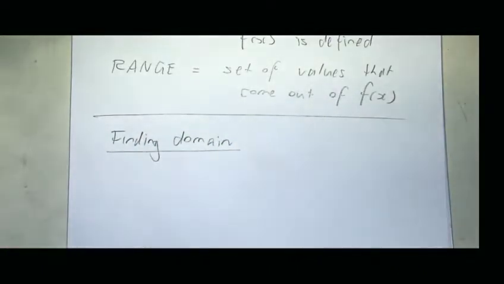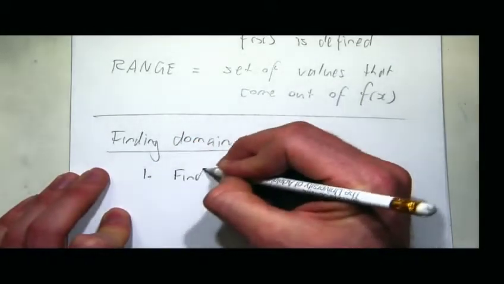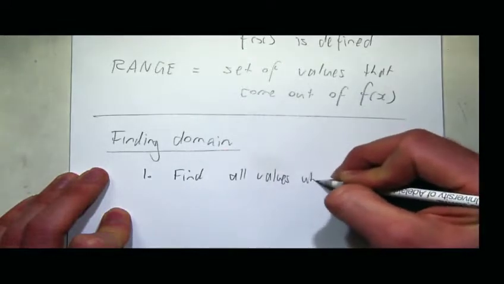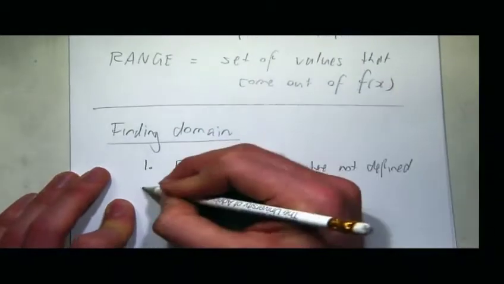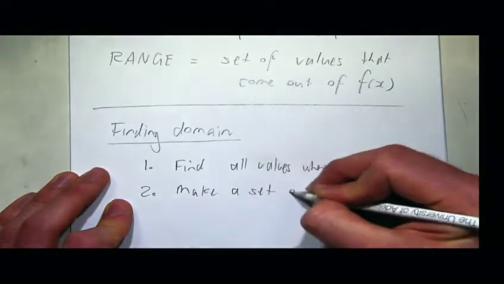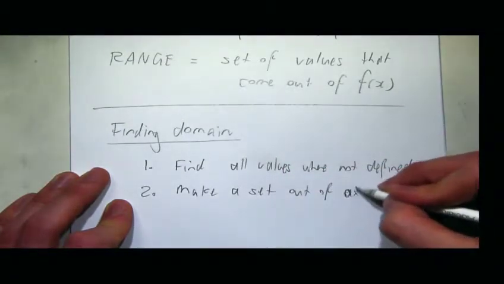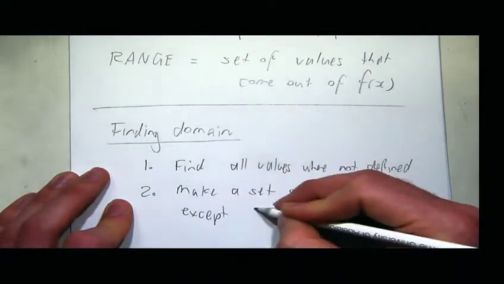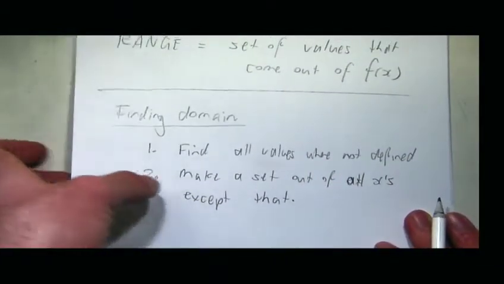Finding the domain of an ordinary function: first find all values where it's not defined, and make a set out of everything except that. All x's except that. This will make sense when I do an example.